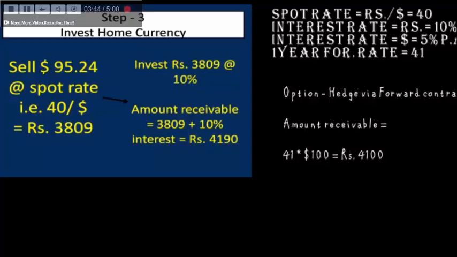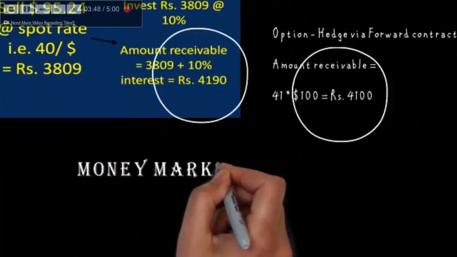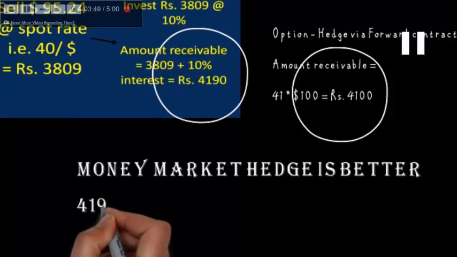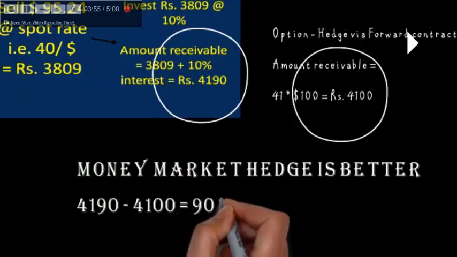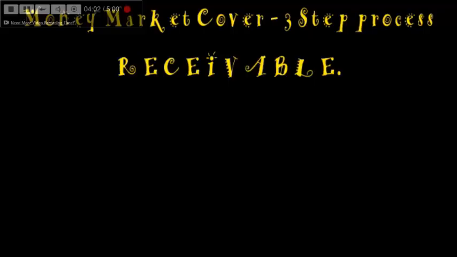So the amount receivable will be 4190. You can see in this question the money market hedge is better because 4190 is more as compared to 4100.